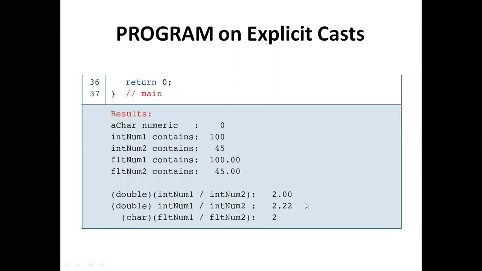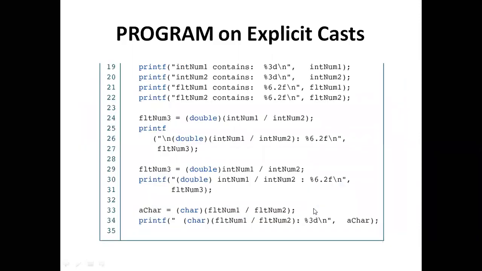2.00. Here we are getting the value for int num1 by int num2 as 2.00.